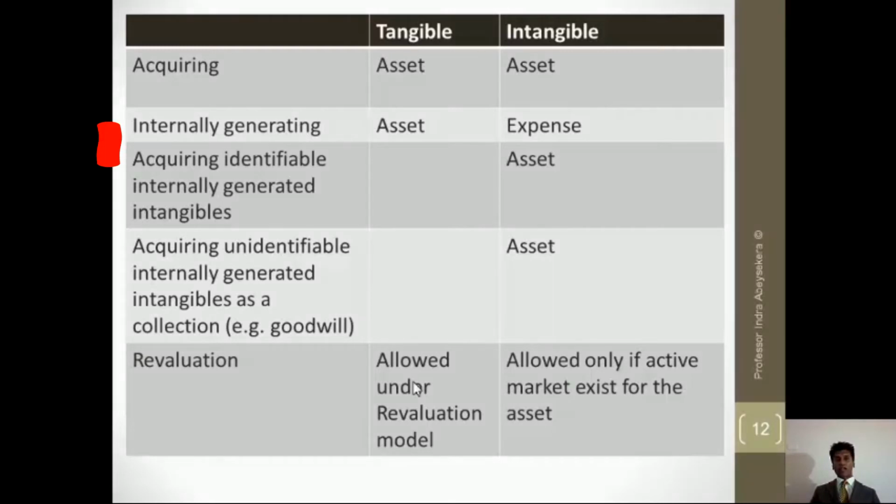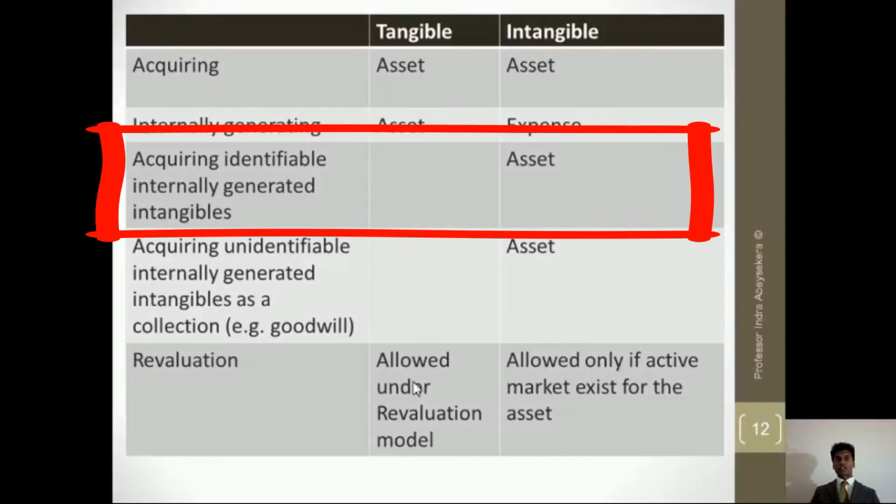Although internally generated intangibles are not shown as an asset, when they are acquired by another party, that party can show it as an asset. Acquiring an identifiable internally generated intangible can be shown as an asset.